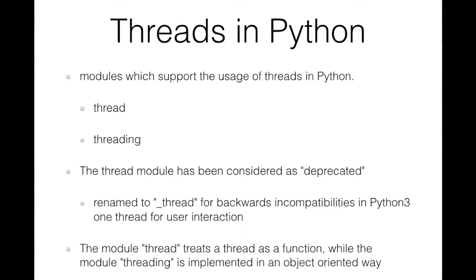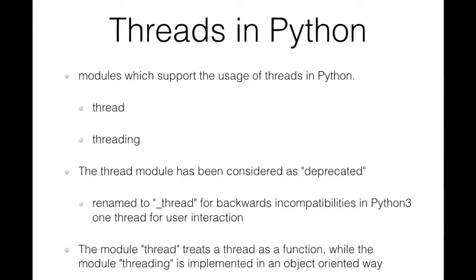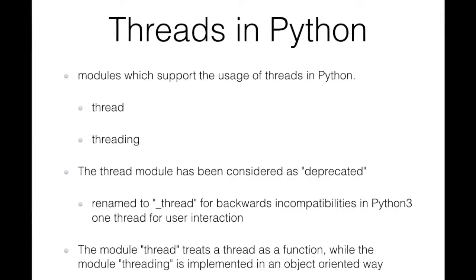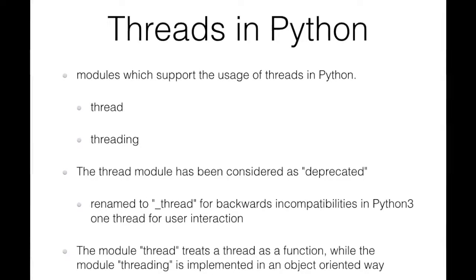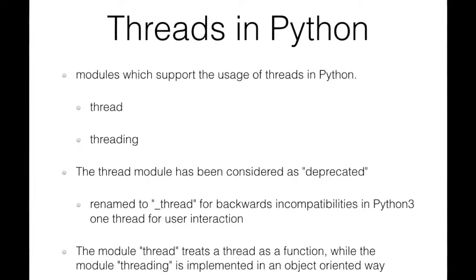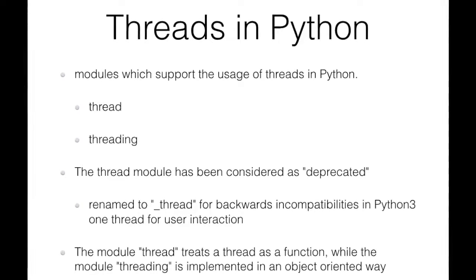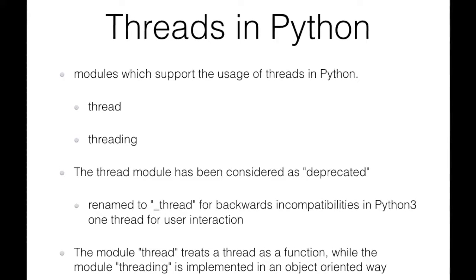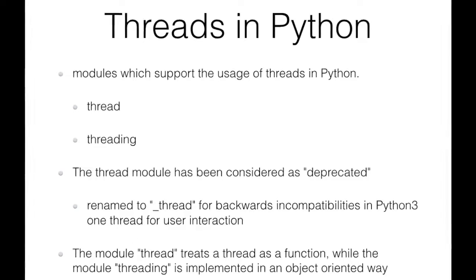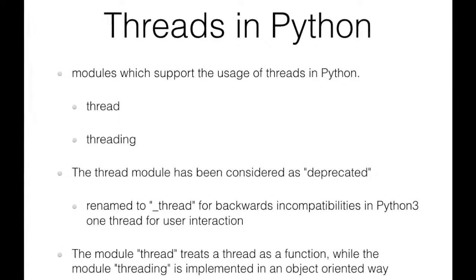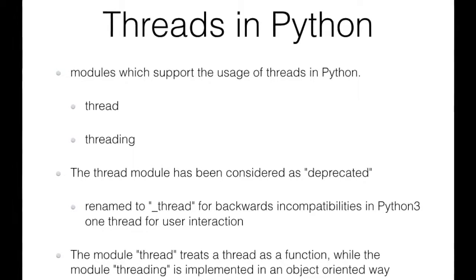In Python 3, the thread module is not directly available, but indirectly you can use underscore thread to use the thread module, and this is to remain backward compatible with previous versions of Python. The difference between the thread module and the threading module is that the thread module treats the thread as a function, while the threading module is implemented in an object-oriented way.